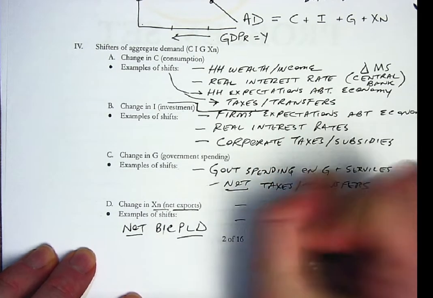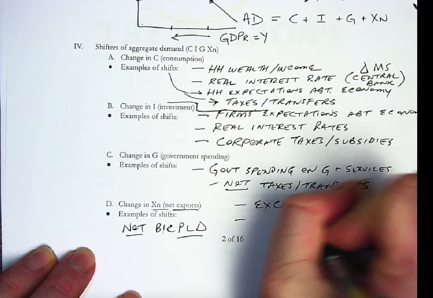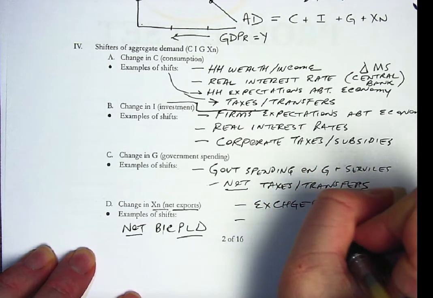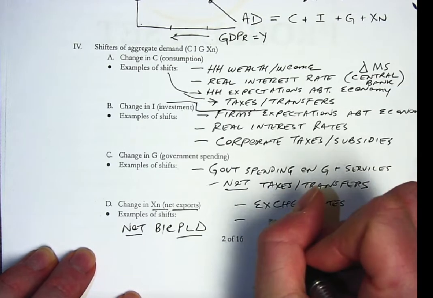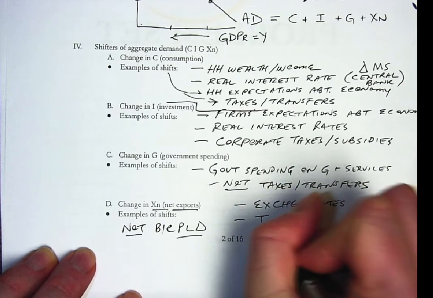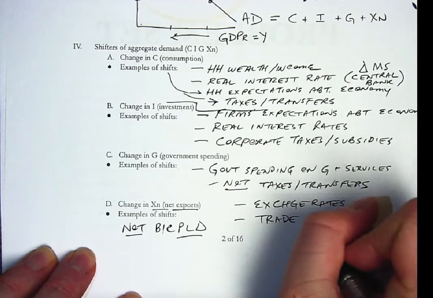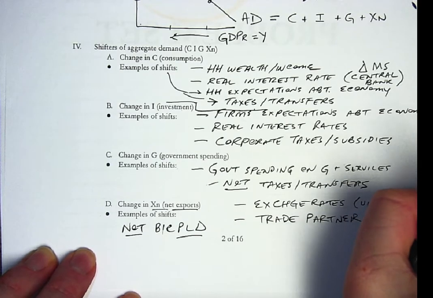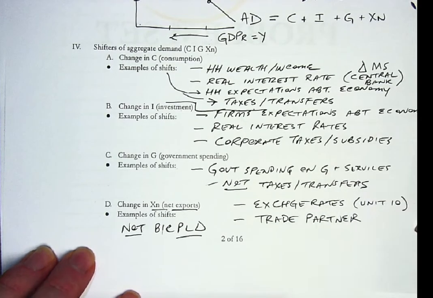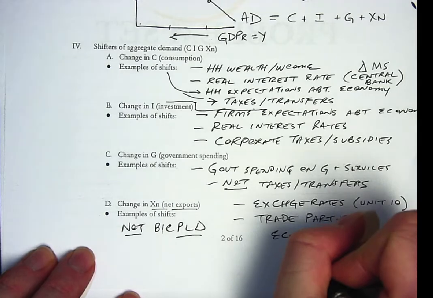Two things can change net exports: exchange rates, which we're going to talk about later, and then the last one here is going to be trade partner economic conditions. And what do I mean by that? So we're going to put parentheses unit 10 here because we're going to come back to that. Trade partner economic conditions.